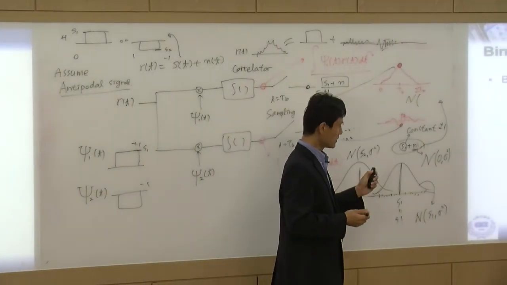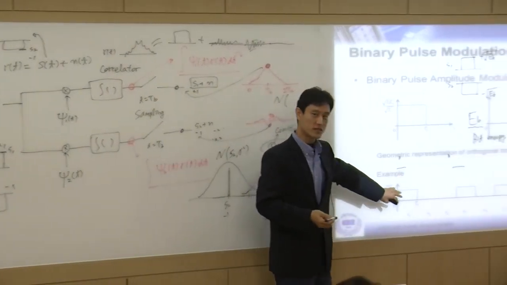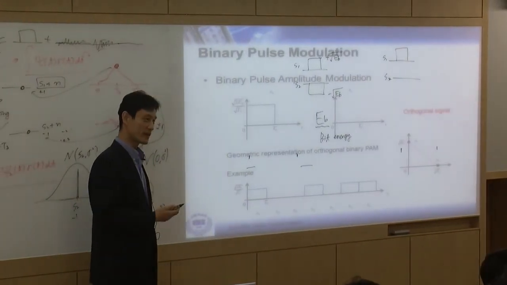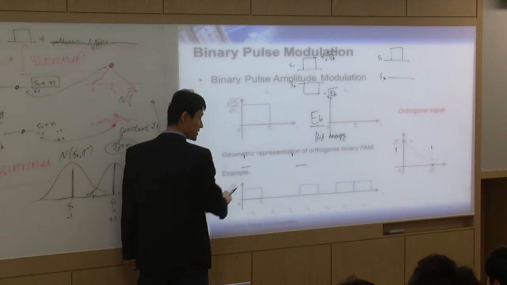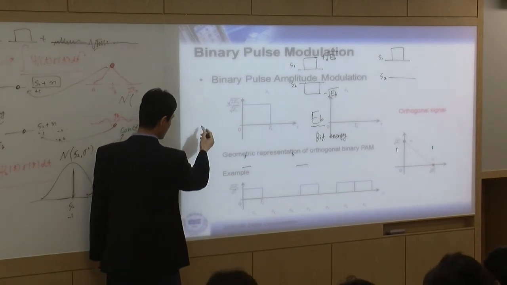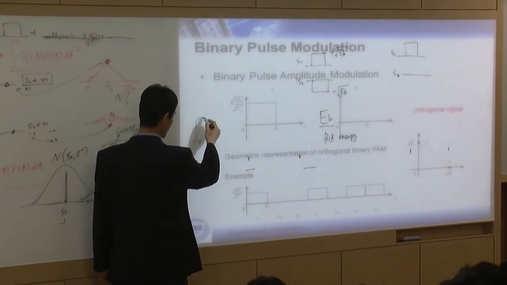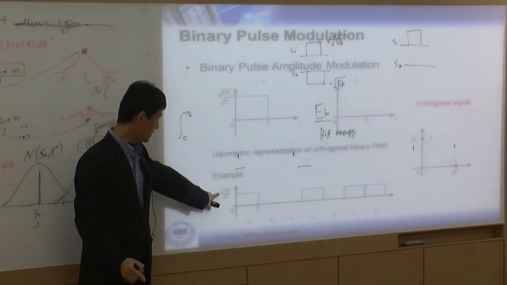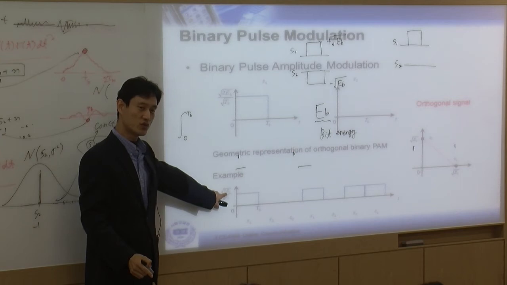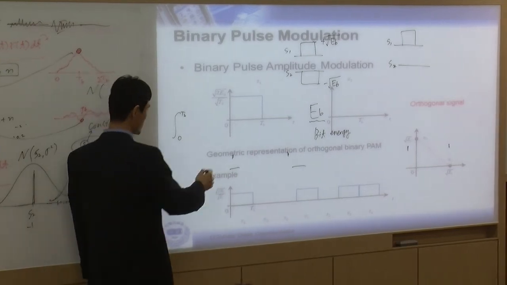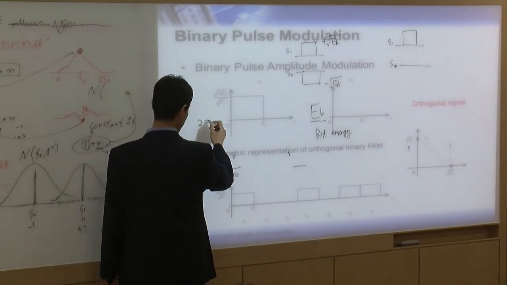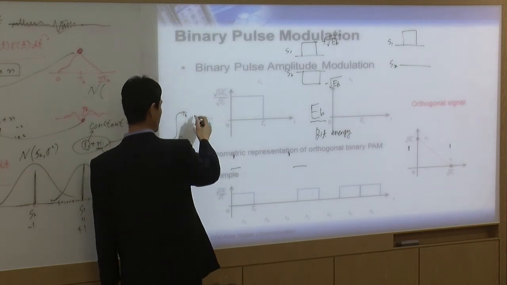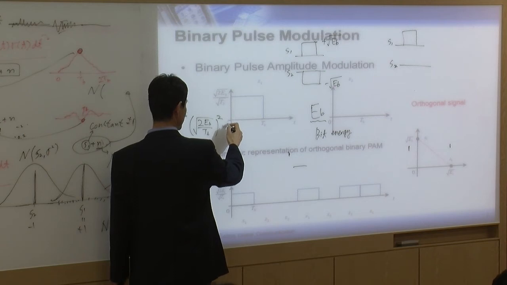What about orthogonal? Let's go to the orthogonal. In orthogonal signals, how do you calculate the energy? Same way. Let's calculate the energy for the first symbol. You're going to do the same calculation. In this case, as you can see, the level is a little bit different, right? We have a 2 here. Let's see, we square this and calculate.